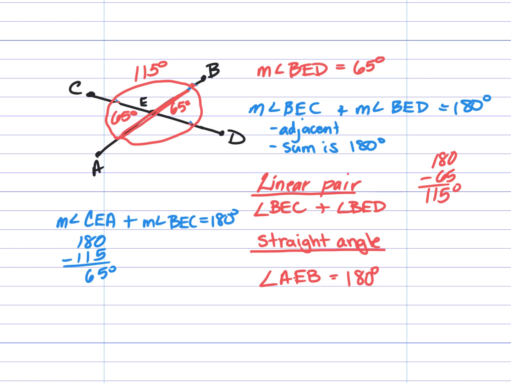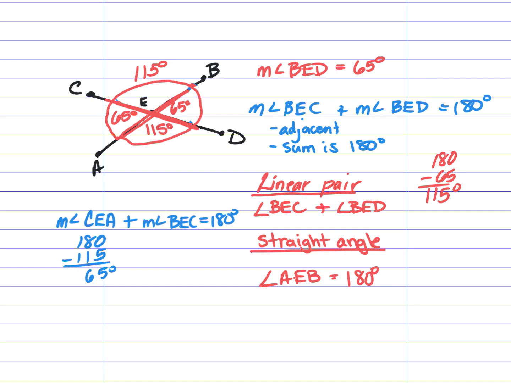I can keep going around the circle here. Line CD is also a diameter, which makes angles CEA and AED supplementary because they're forming half of a circle, and I calculate the measure of angle AED as also 180 minus 65, which is 115 degrees.